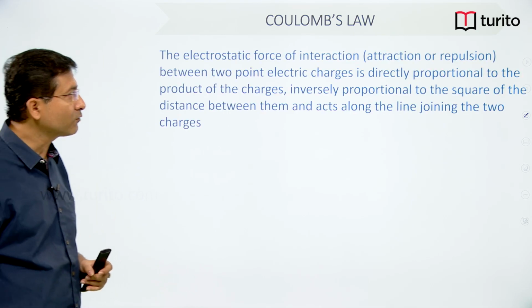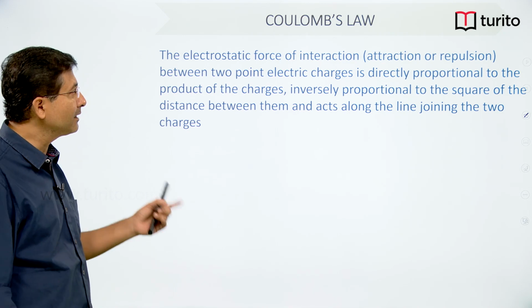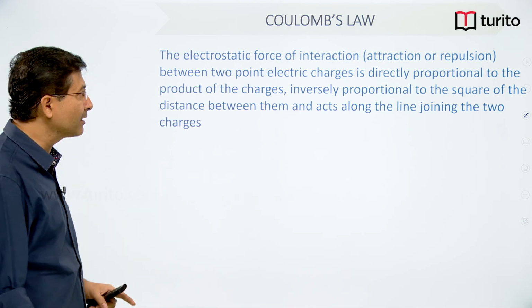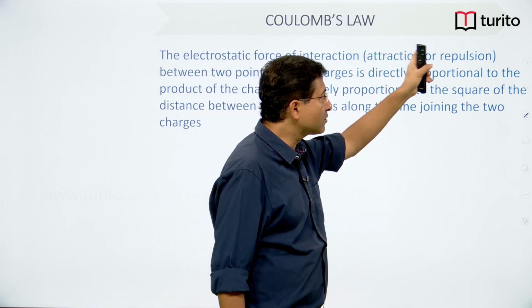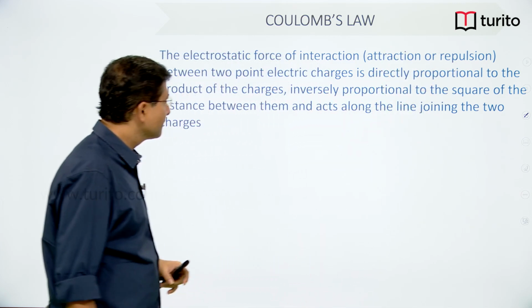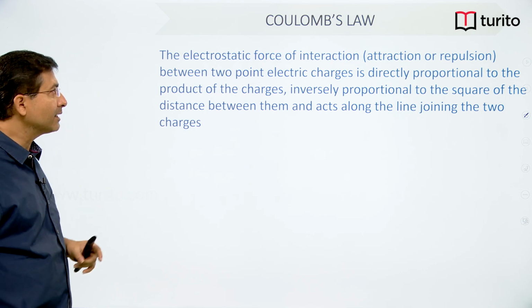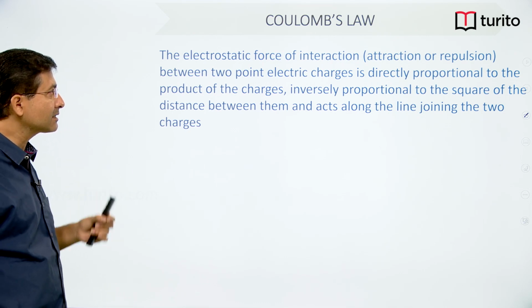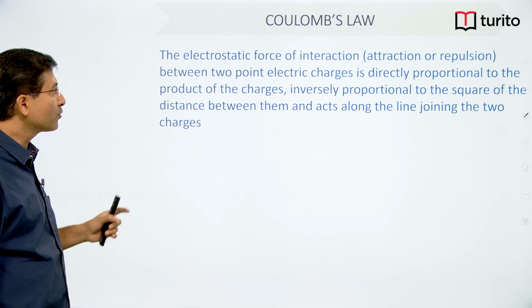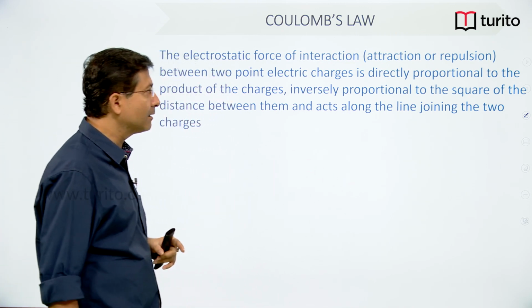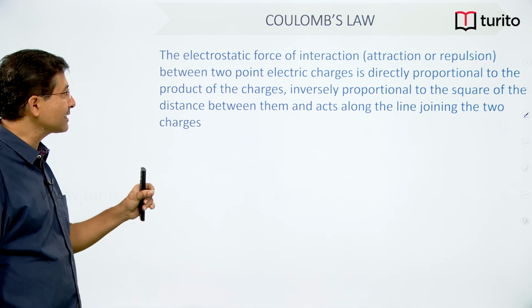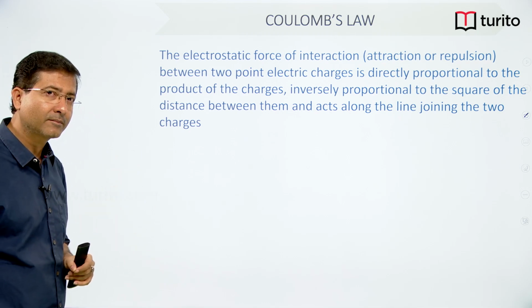The electrostatic force of interaction, it might be attraction, it might be repulsion, depending on whether we have like charges or unlike charges, between two point electrostatic charges at rest is directly proportional to the product of charges and inversely proportional to the square of separation between them, and that force acts along the line joining.